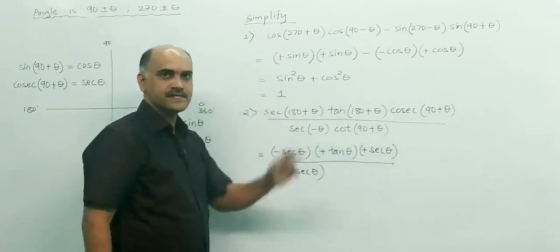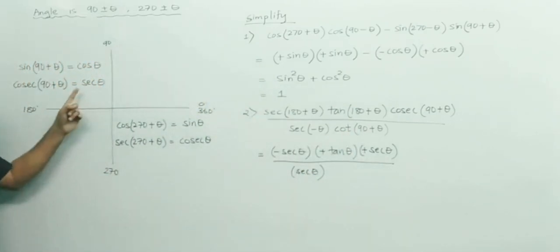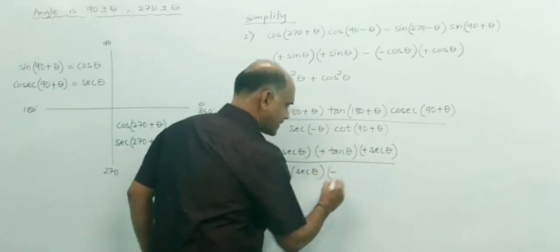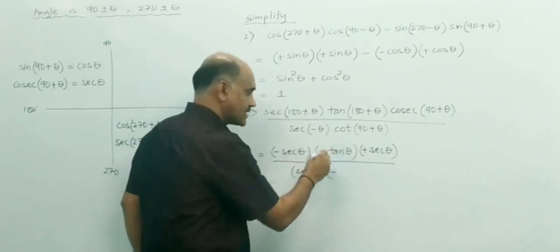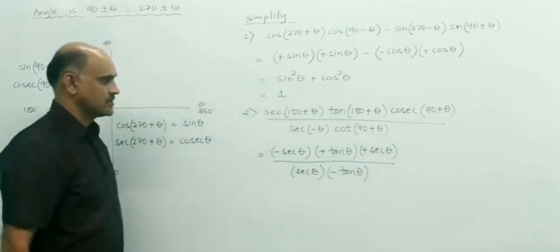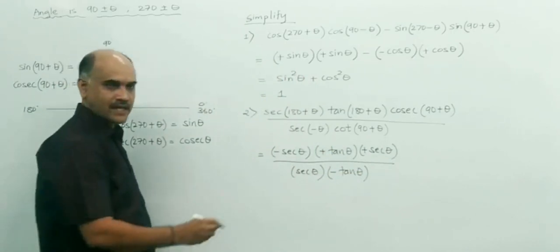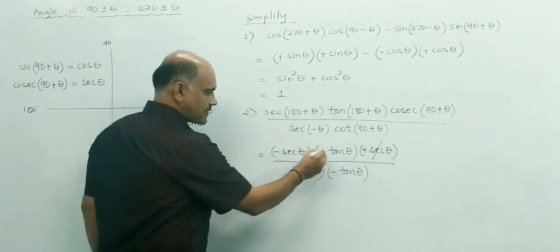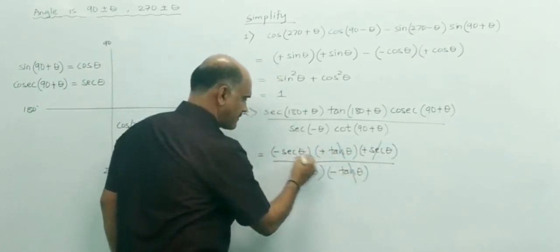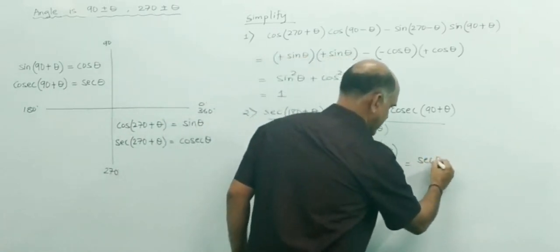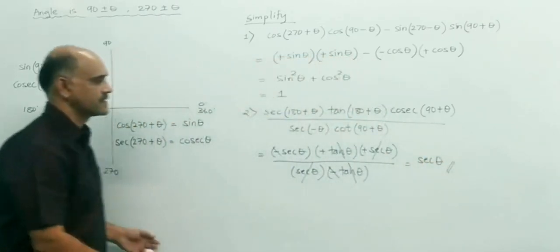Cot 90 plus theta: 90 plus means again it is in second quadrant. In second quadrant cot is negative, so this will be minus. Cot gets converted to tan, so minus tan theta. So now simplify, you will get the answer. This secant gets cancelled, tan gets cancelled, minus gets cancelled. So answer is secant theta.